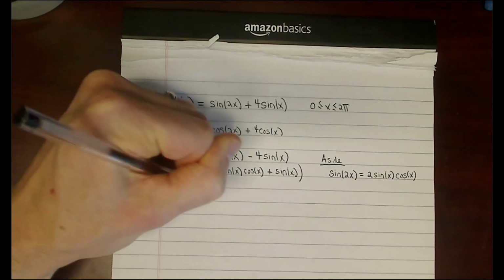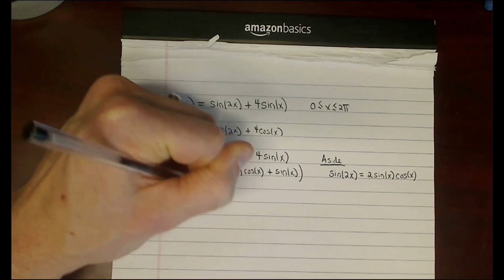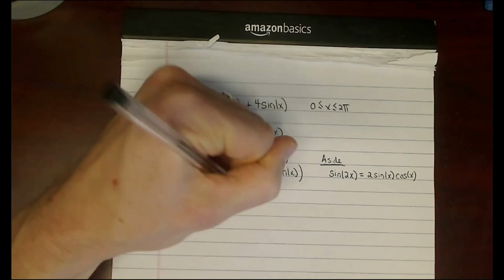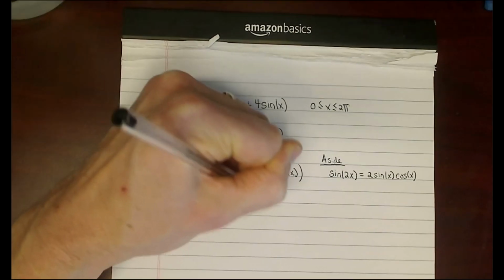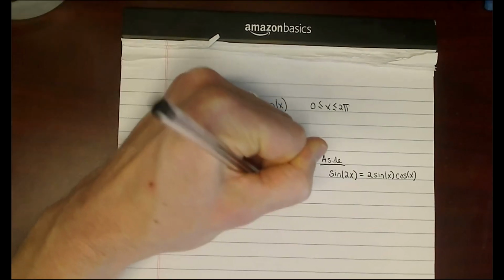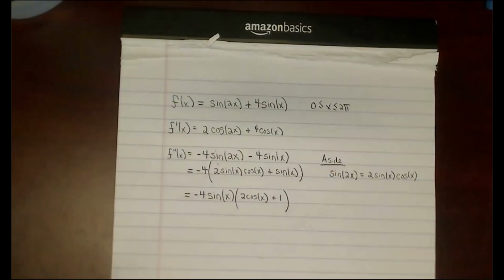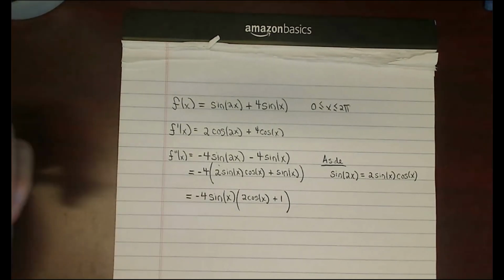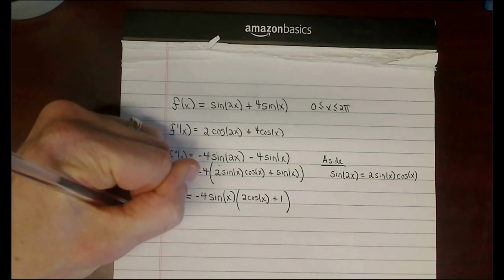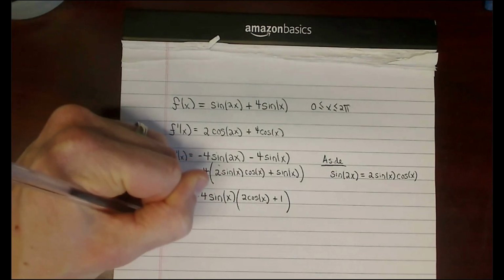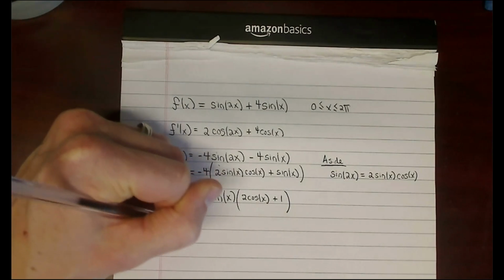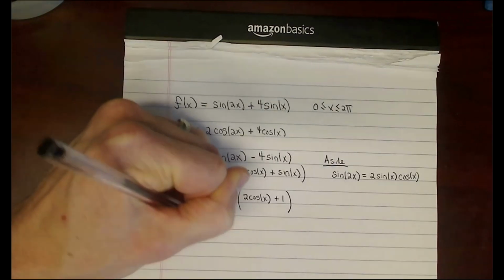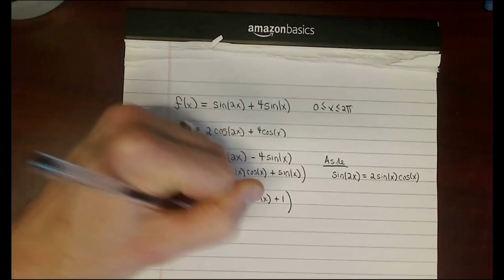So we get minus 4 times sine x times the quantity 2 cosine x plus 1. Okay, and we see the possible locations where the second derivative is equal to 0. So here are candidates for points of inflection.